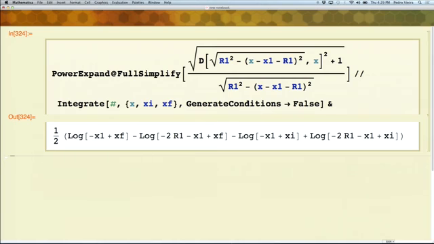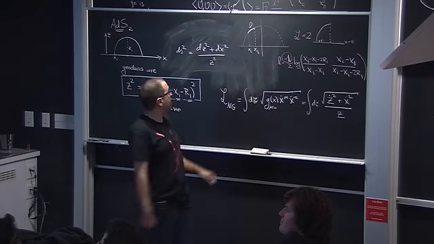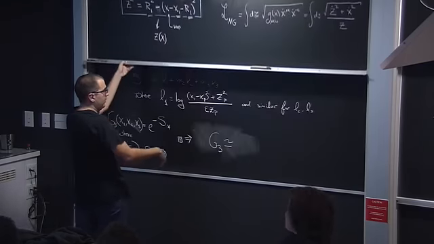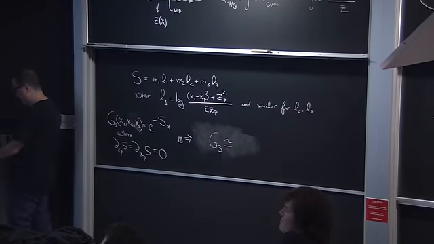Now let me spare you the details of going through all this shenanigans of substitutions, and let's go directly here, where we write down that we want to minimize this. So let's write our action.